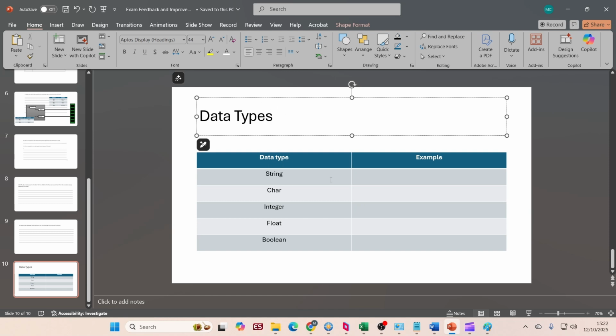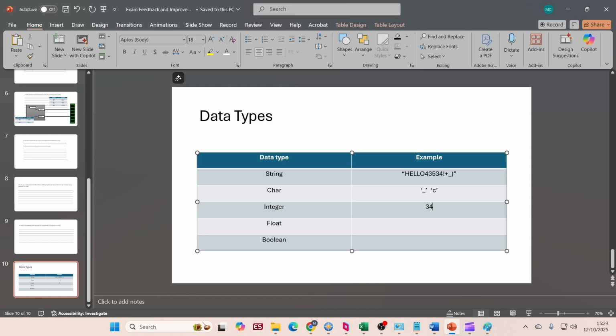So there are 5 that you need to know in the course. A string is just any collection of symbols, anything you can write on the keyboard, normally done with quotes like this. A char is a single character, anything on the keyboard. There you go, underscores, a "C", a single character. An integer is just a whole number.